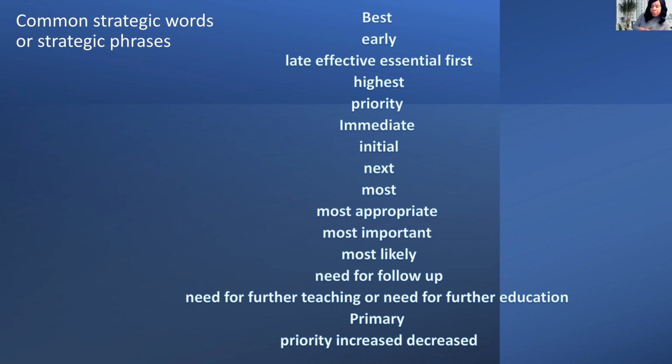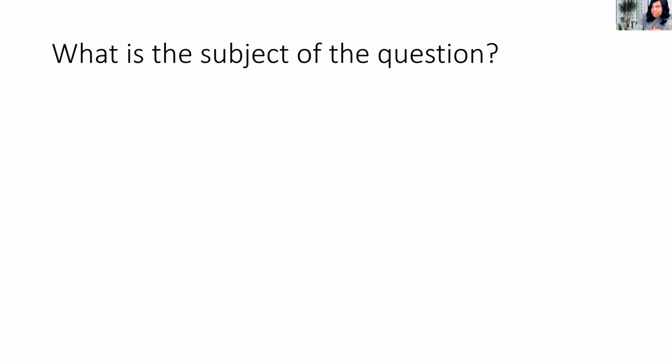A lot of the questions that you encounter, there'll be 4 options and they're appropriate options, but what the question is asking you is what's most important, what's most likely, what do you need to follow up on, right? Is the condition that you're looking at something expected with that patient, or is this something that's not expected that we need to follow up on? When do you need to teach, further go into teaching? What's primary, priority, increase, decrease? These are different strategic words that you'll see on some of these exam questions.